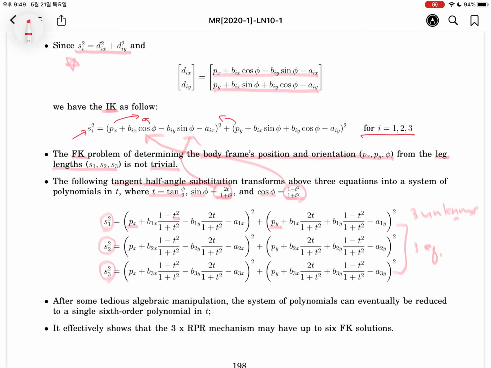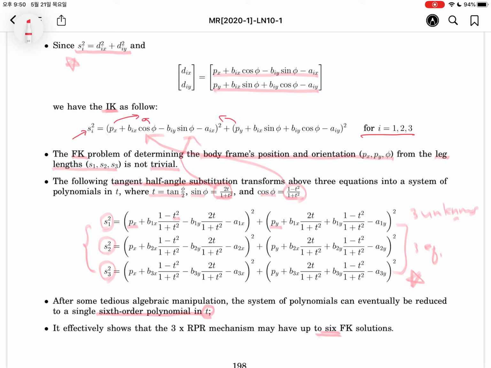But if you manipulate these three equations, then after removing p_x and p_y we can get a sixth order polynomial in t. It means the forward kinematics will provide six solutions.